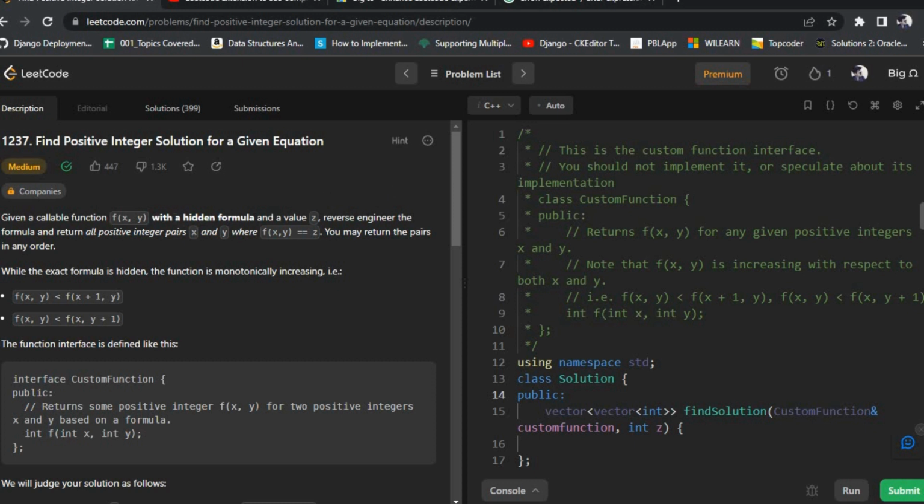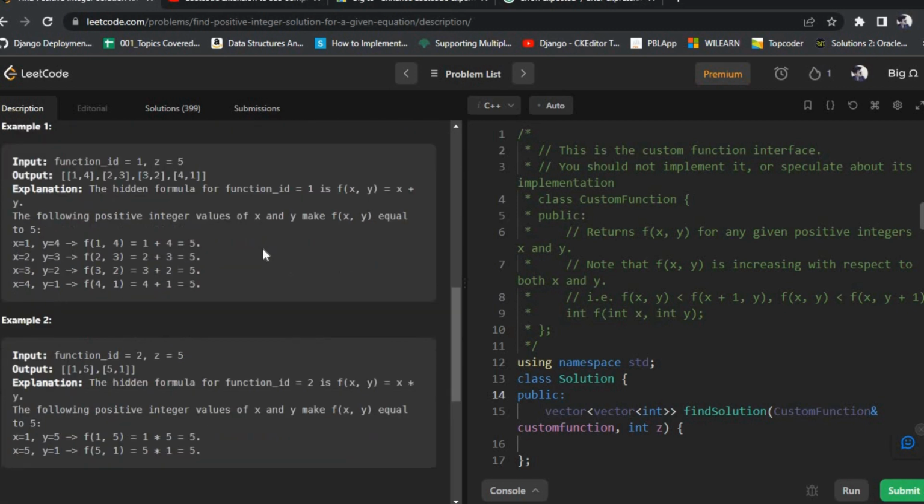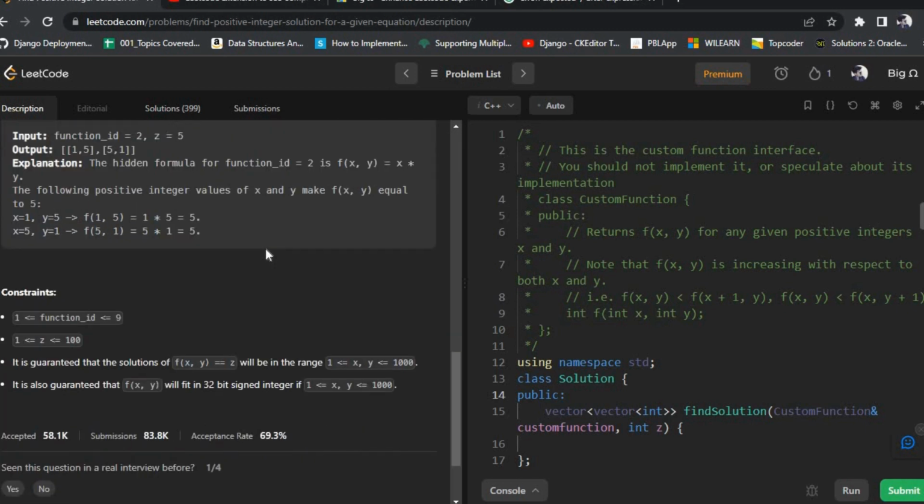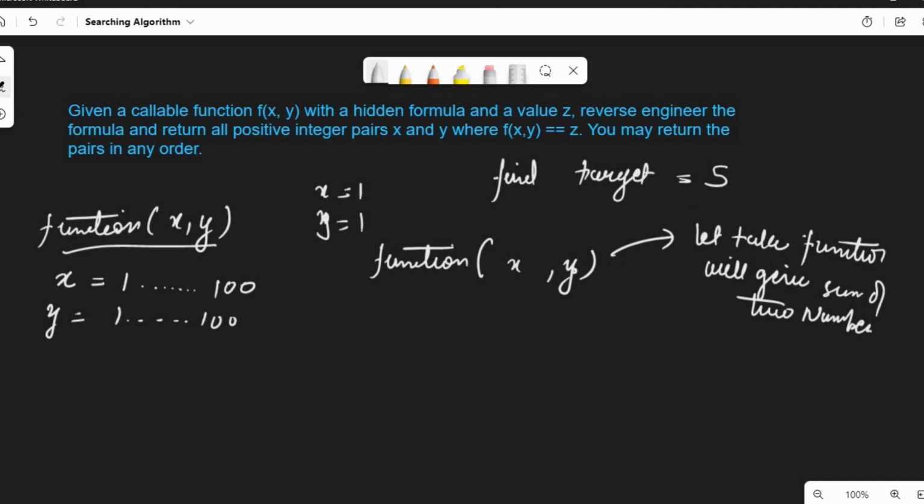There is a hidden formula. We don't know what the formula inside the function is; it can be addition, multiplication, or division. Here we are taking the function to give the sum of two numbers.